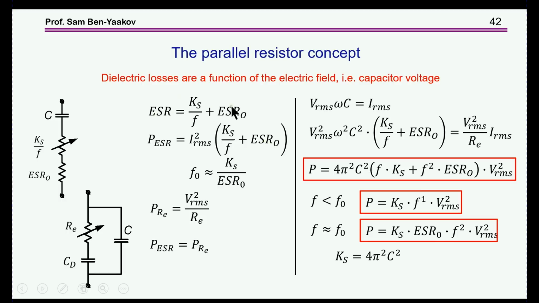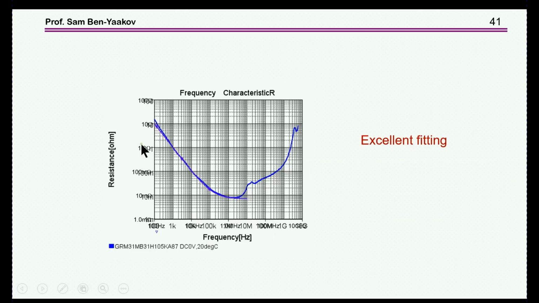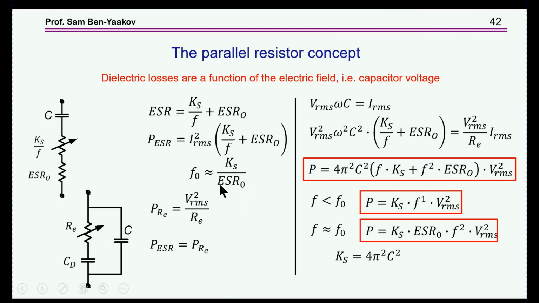That is, I'm using this ESR function in order to describe the losses. Okay? So we find then that for frequencies below the resonant, that is frequencies here, the losses are a function of frequency and voltage square. This is what we get.